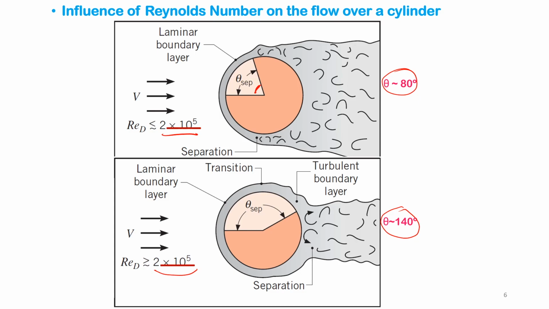However, when the velocity is very high, it pushes the fluid further down and forces it to conform more, creating a separation at larger angles. So that is the idea. Here you can see that we started with laminar flow, then transition flow, then turbulent flow, and then you have the separation.